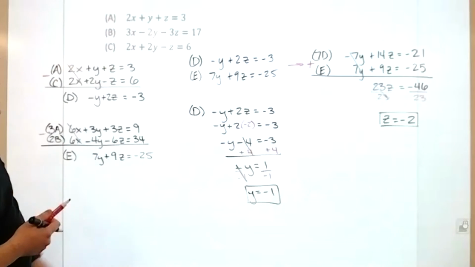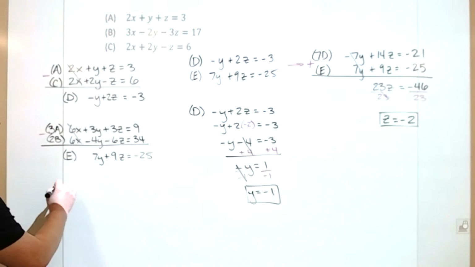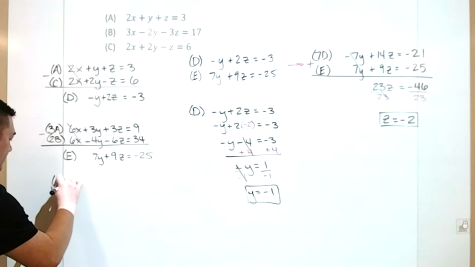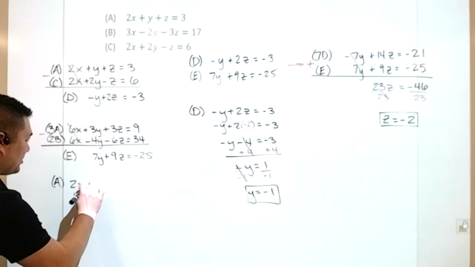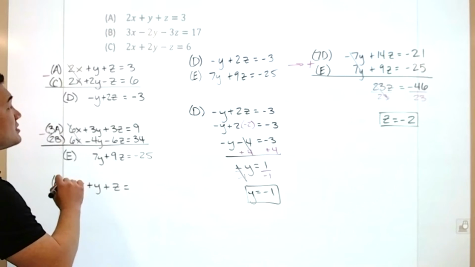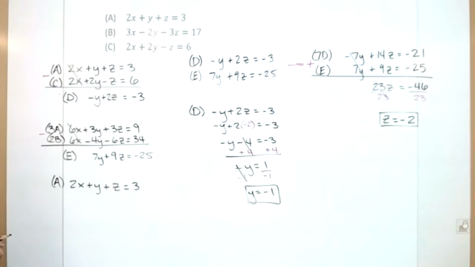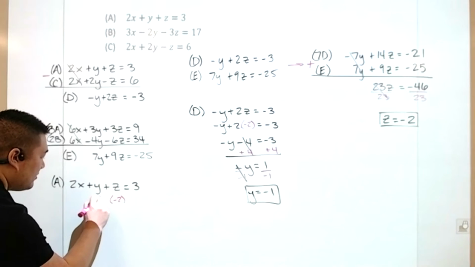So if I take my original equation, let's say A, let's write it down here. Hopefully I've got enough room. A is 2x plus y plus z equals 3. But I now know that z is negative 2 and y is negative 1.